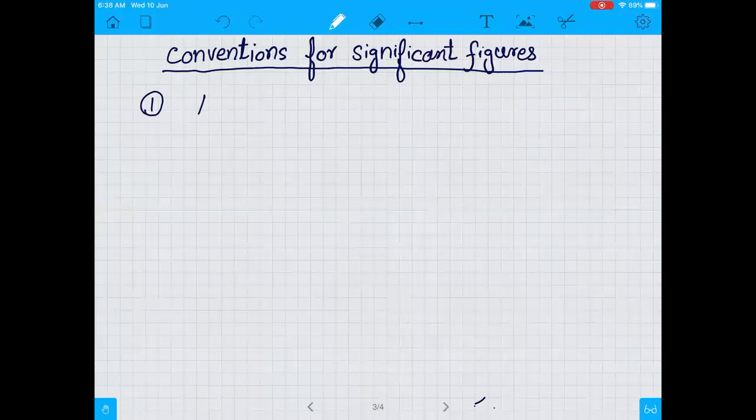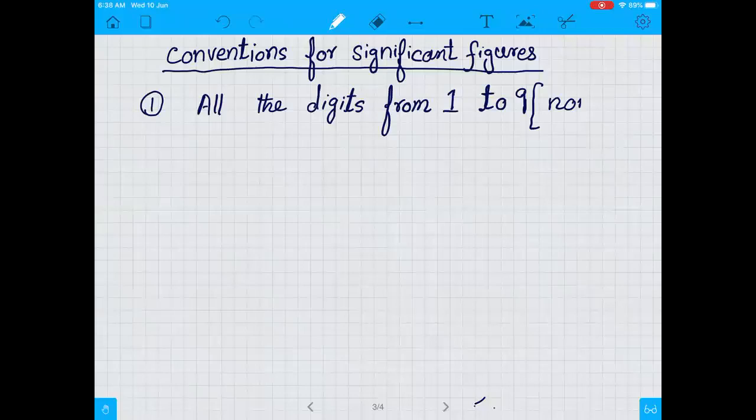the digits from 1 to 9. When we say all the digits from 1 to 9, we mean non-zero digits.